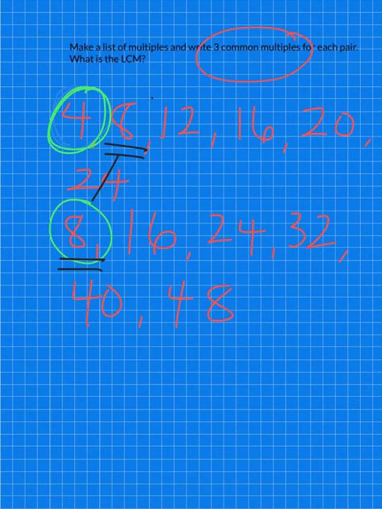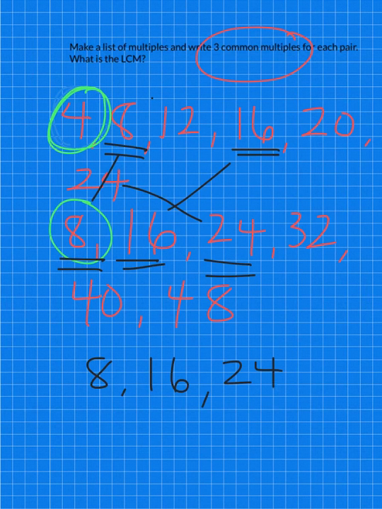Keep going over. 16 also is common, and 24 is also common. So the common multiples are 8, 16, and 24.